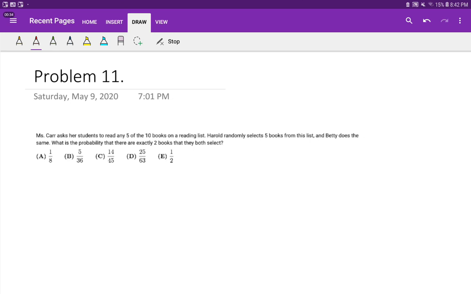So first, we need to review the method for calculating probability. The general method to calculate probability is the number of successes divided by the number of total.